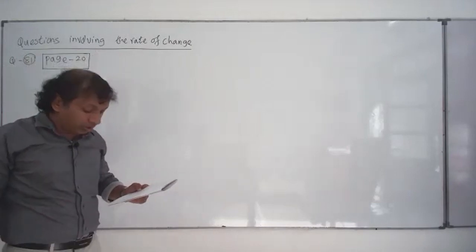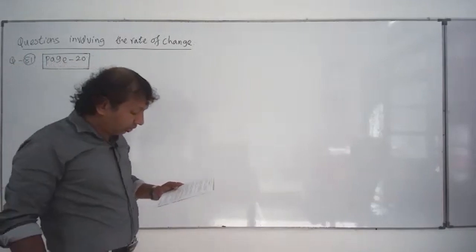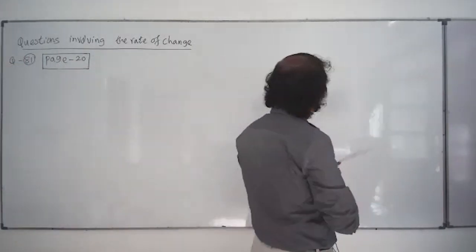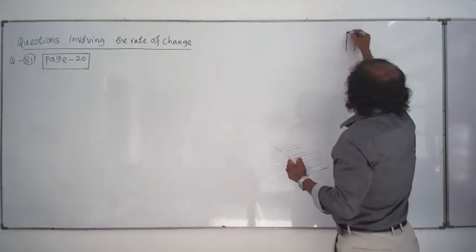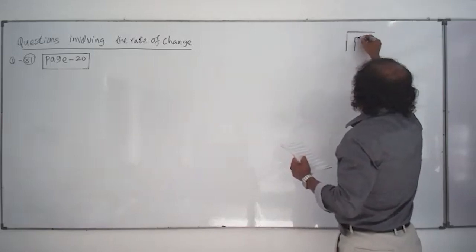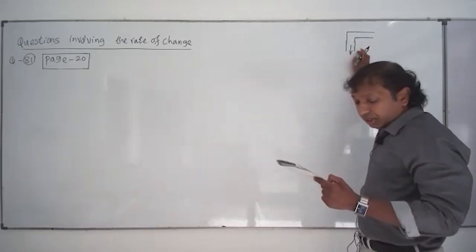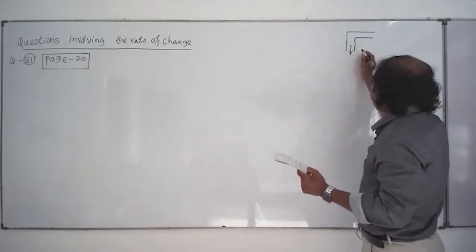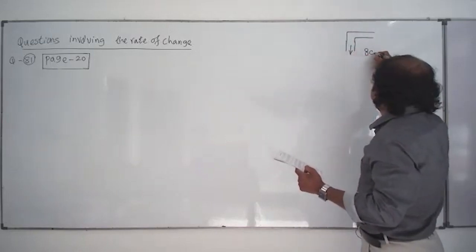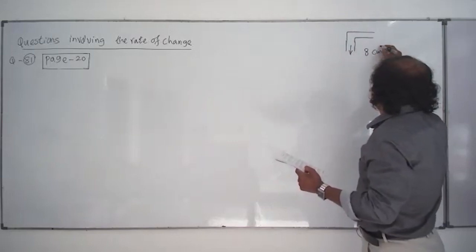Now here, the pipe available, this pipe was sand, right? What is the volume of sand per second it passes? 8 cubic centimeters per second.